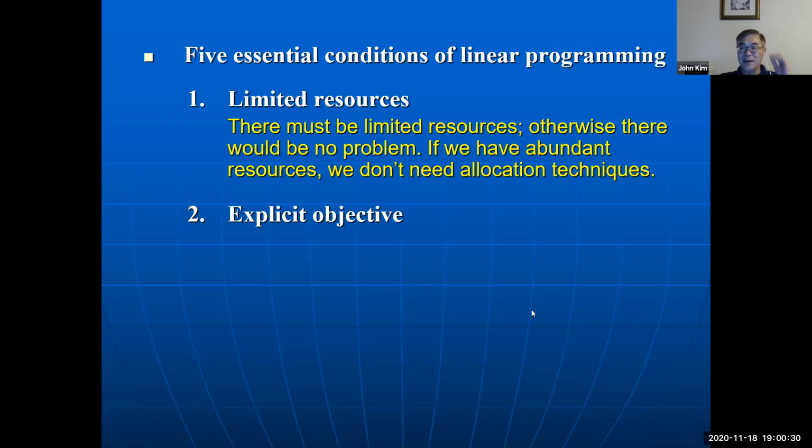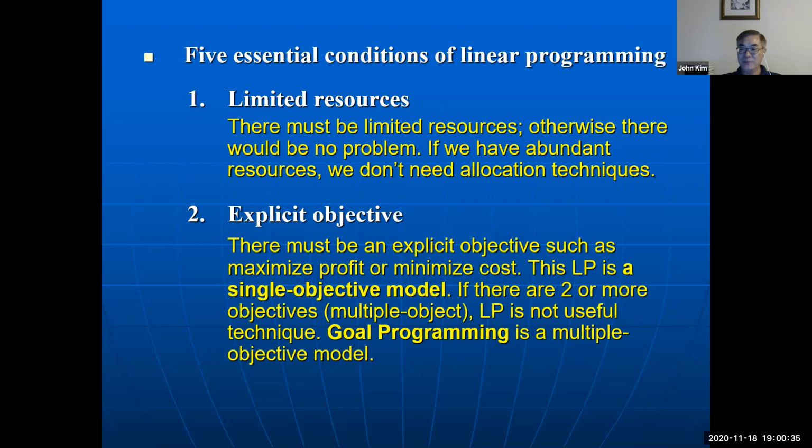And then explicit objective. There must be an objective, like minimize, maximize, and so on. In linear programming, we call this a single objective model. So we use linear programming for only one objective, like either maximize profit, minimize cost, or minimize time.